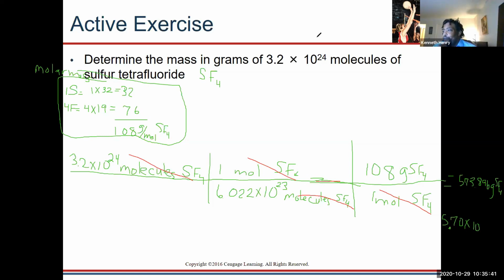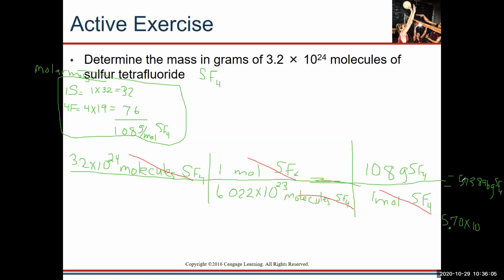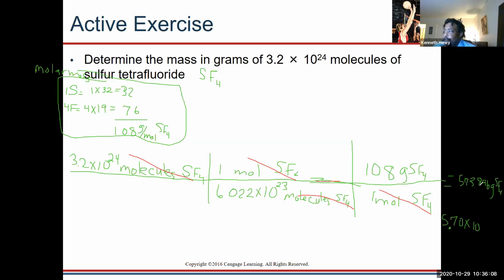No, it's not 3. If you do the math, you have 3.2 times 10 to the 24th divided by 6.022 times 10 to the 23rd. The 23rd and the 24th cancel out, just leaving 10, so it can't be that much. My answer was 573.896 grams, and you told me that's the same as 5.7 grams.